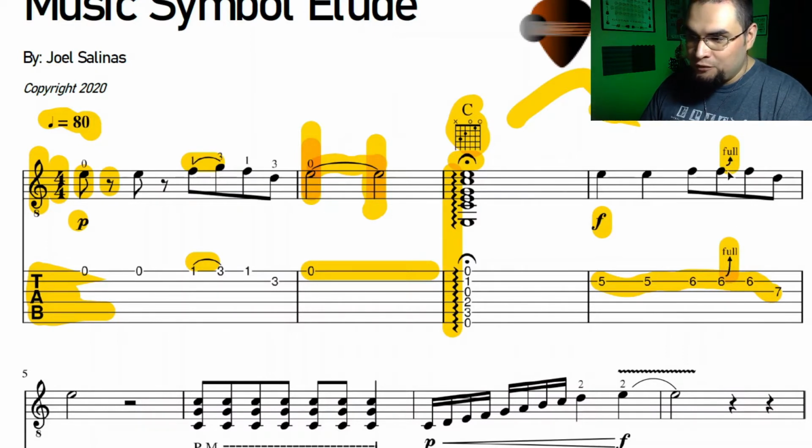Since it says full, the next note after that one, that's an F, so you're going to fully bend to the next note, which is G. So in reality, that is supposed to be a G, but because of the word full and that little arrow, it's on the F, meaning you're going to bend the F full all the way to G.